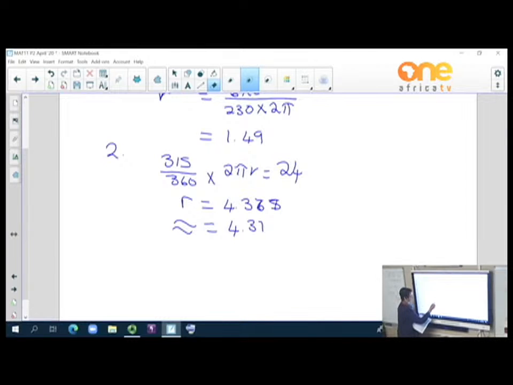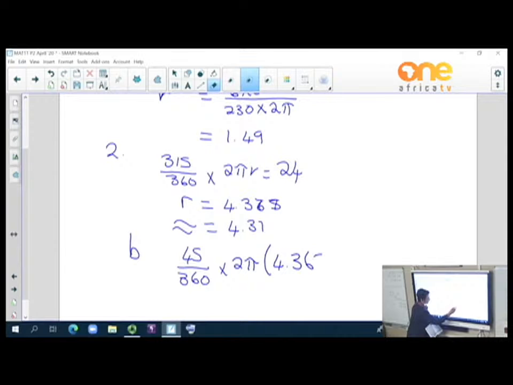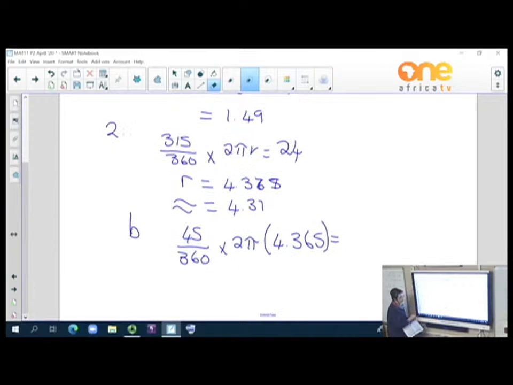What will be that angle there? 45 degrees. So 45 out of 360 of, what do we need to find? The length of the arc, so times 2 pi. And now I use this radius of 4.365, the unrounded one. That's what you're going to use, that unrounded radius. So the final answer is 3.43.